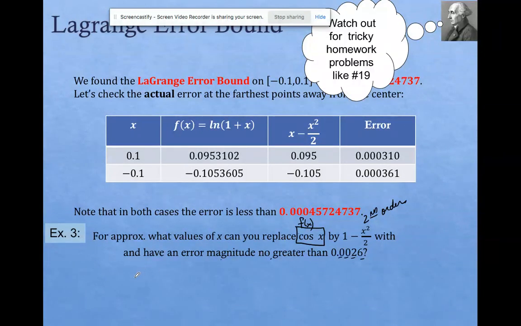So what they're saying there is that r sub n of x is less than or equal to 0.0026.